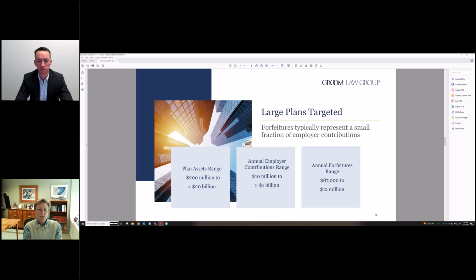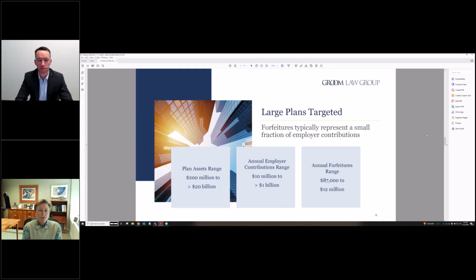So in the 20 plus cases that have been filed, the smallest plan was 200 million. The largest plan was over $20 billion, and most were $1 billion and above. So, large plans. The annual contributions ranged from $10 million to more than $1 billion.